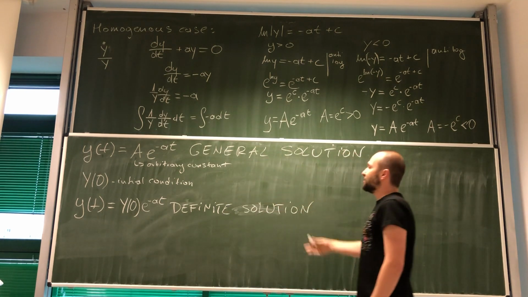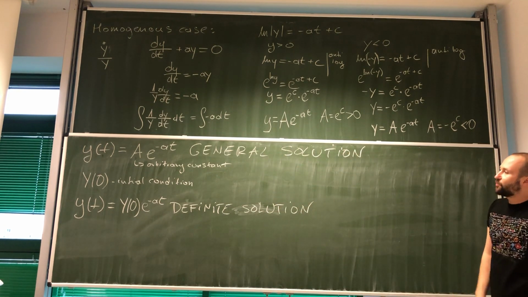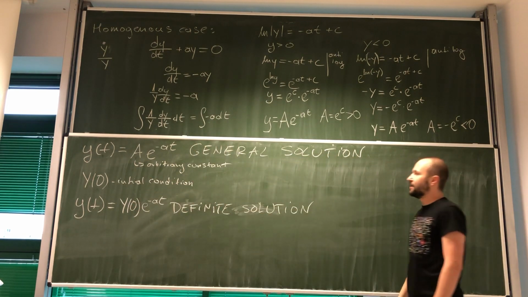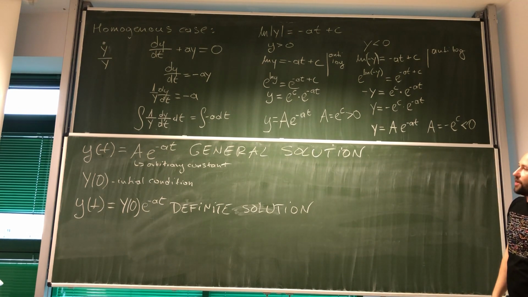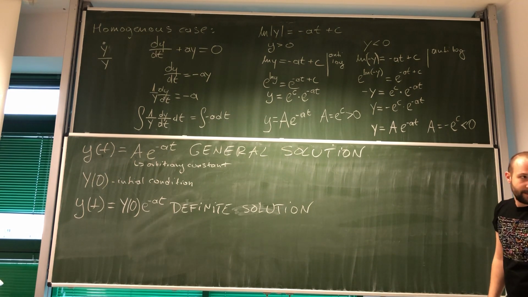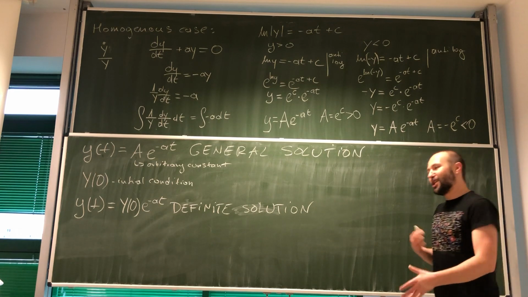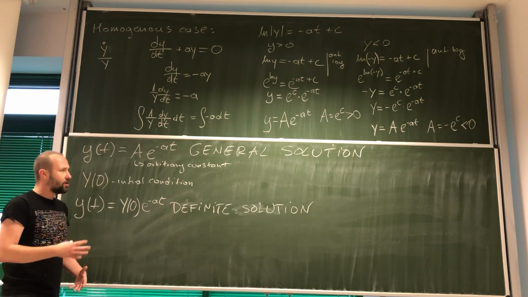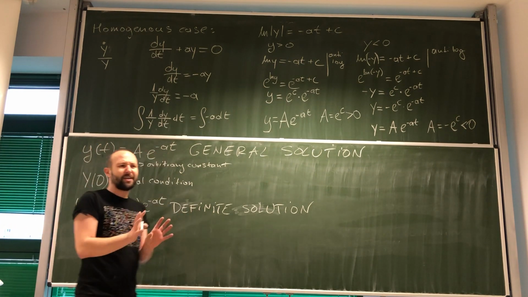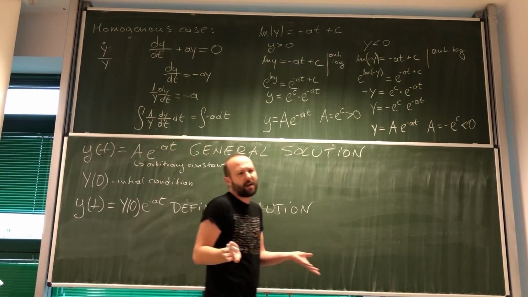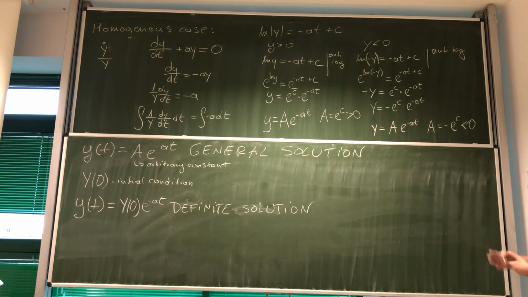Okay, so in other words, the process of introducing initial condition into differential equation is called definitizing an arbitrary constant. Okay, I know that there's a lot of new terminology, but as we will move on, you will see that actually we're just going to need 2 to 4 different expressions because we will be dealing with very specific economic cases, and now we are just learning how to do it.